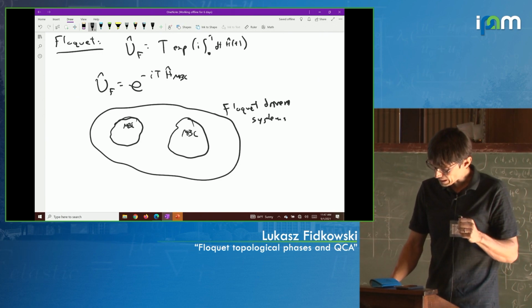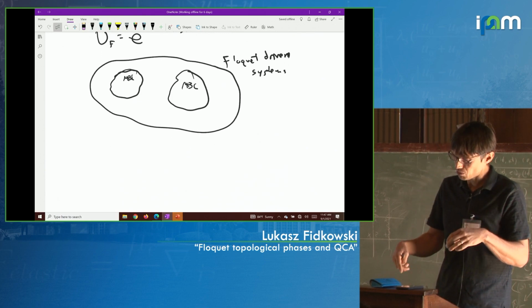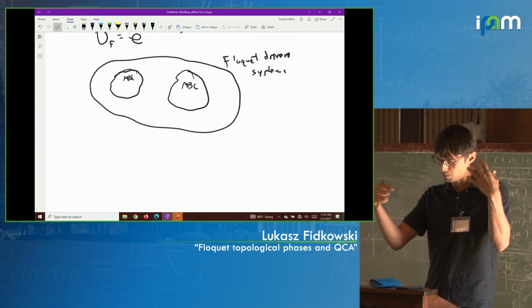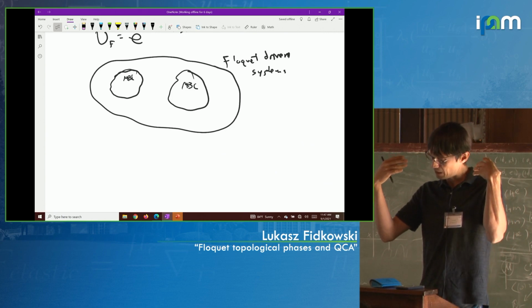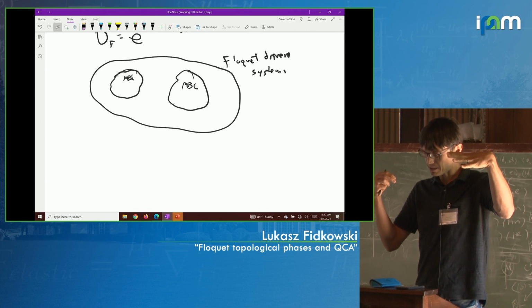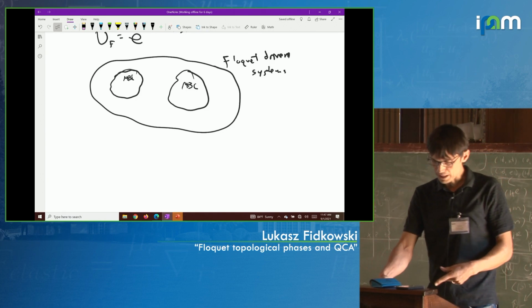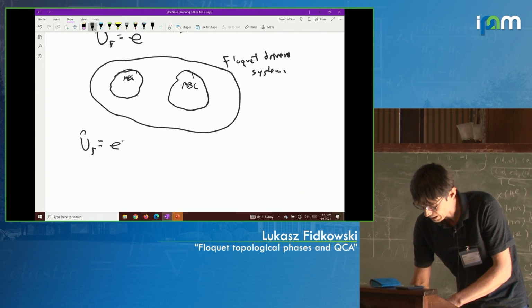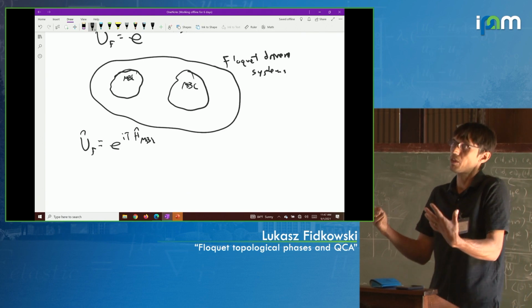I already mentioned this in the time-independent context. You can maybe realize different topological orders in finite energy density eigenstates. In the case of Floquet systems, where the Floquet unitary is e to the i-t of this form, again, a similar thing obviously might happen.